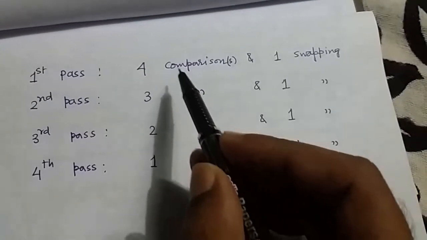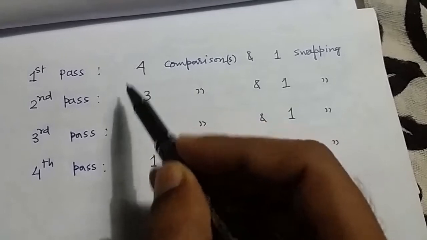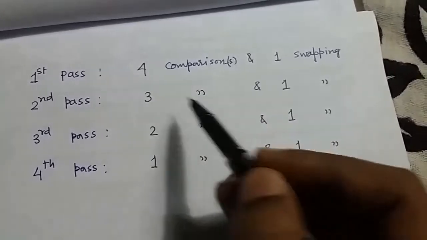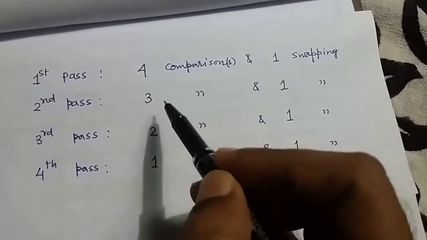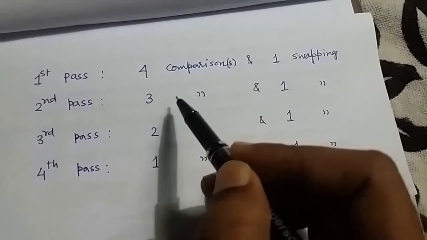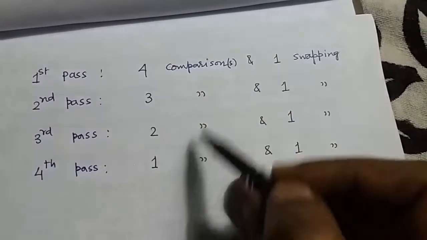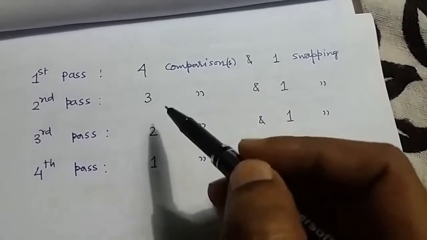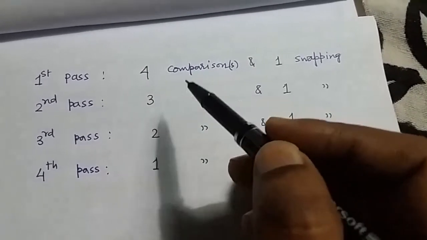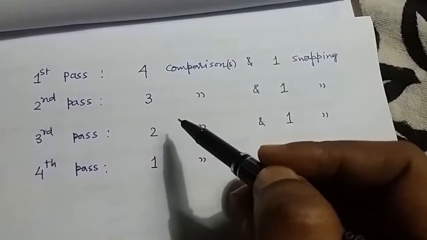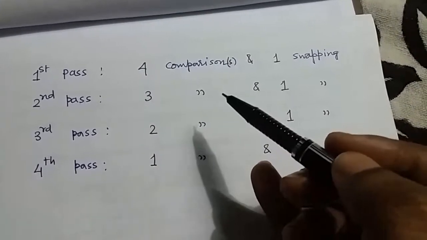So you can see that these are actually varying. So after every pass the number of comparisons is getting decremented by 1. So the comparisons must be performed inside a nested loop.